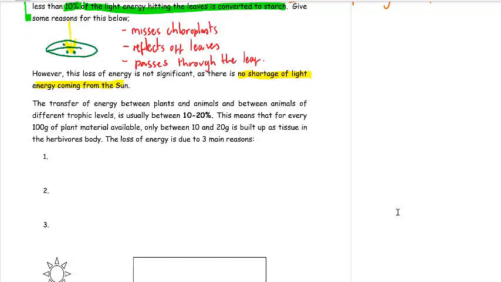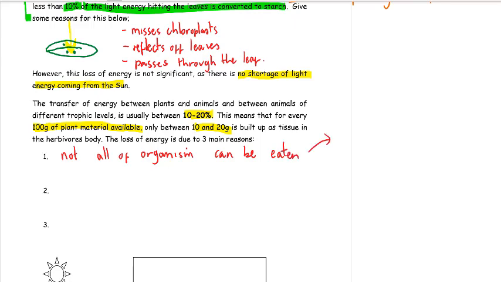In the next little part then, the transfer of energy between plants and animals of different trophic levels is usually between 10 to 20%. This means for every 100 grams of plant material available, only between 10 and 20 grams is built up in tissues in the herbivore's body, and the loss of energy is due to three main reasons. The first of which is that not all of the organism can be eaten.